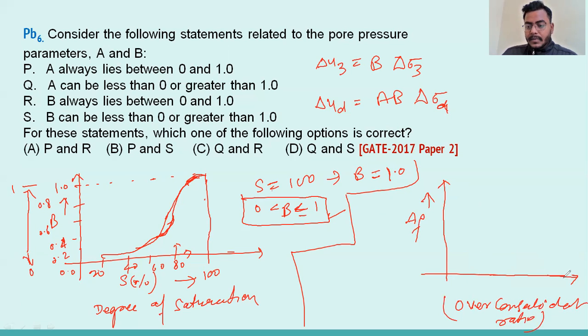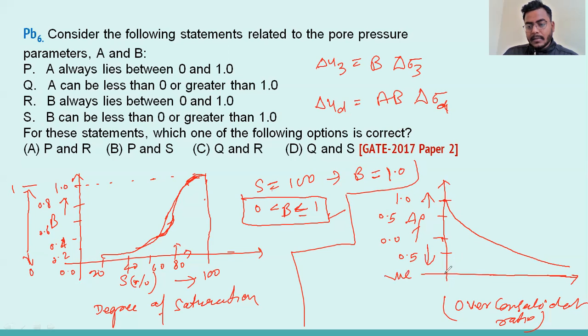Okay, so you will see the graph. It will come like this. So here you will see 1.0, here 0.5, here 0, and here minus 0.5, something like this. So here it will start negative.